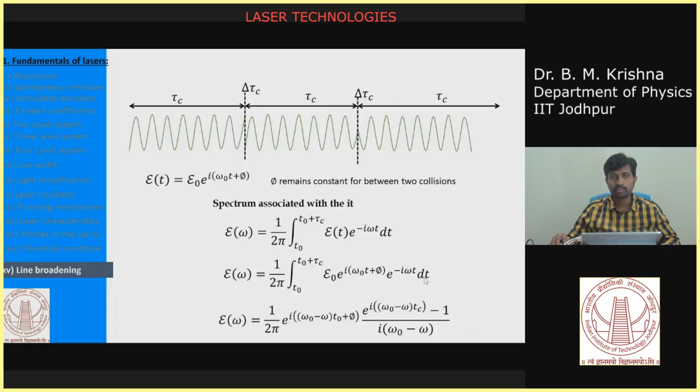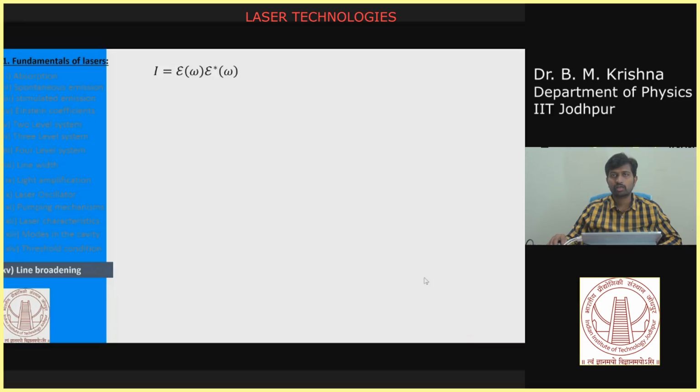So you integrate and solve this equation. Now you know that intensity is associated with the electric field: the electric field and its complex conjugate together give you the intensity. So in principle you can take it as the modulus of epsilon of omega squared.